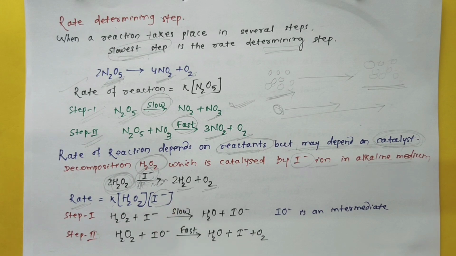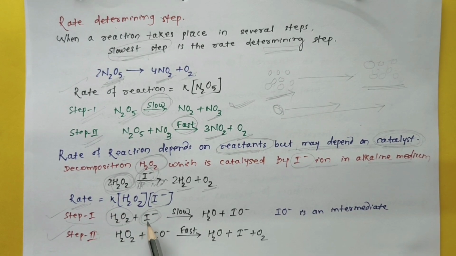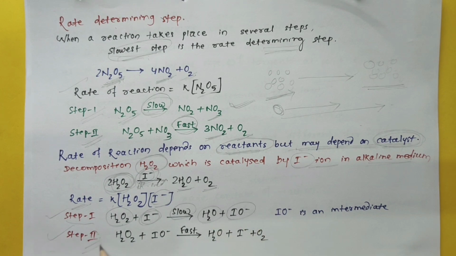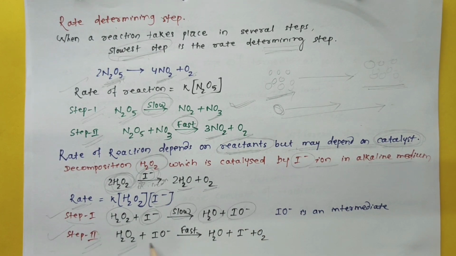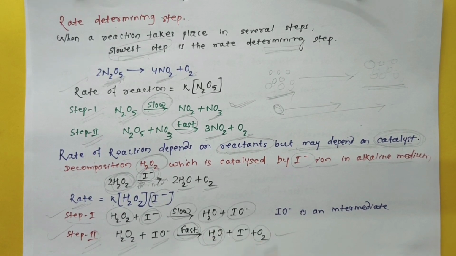Why? If you go to the mechanism, it will be easy to understand. Actually the reaction occurs in 2 steps. In step 1, hydrogen peroxide interacts with iodide, which is a slow reaction, to form water and IO minus. Clear? In step 2, H2O2 reacts with IO minus, which is a fast reaction, to form what? H2O, I minus and O2.